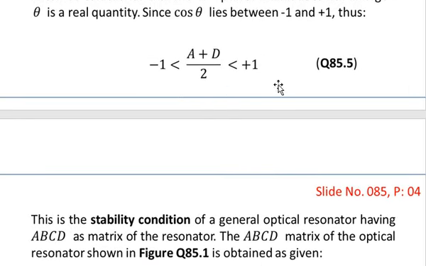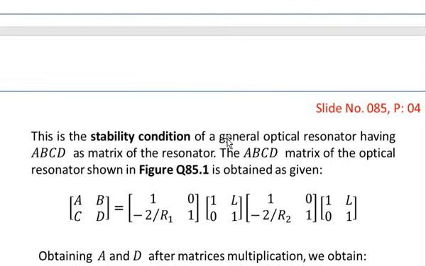This equation number 5 gives you the condition which we call the stability condition. This is the stability condition of a general optical resonator having ABCD as the matrix of the resonator.